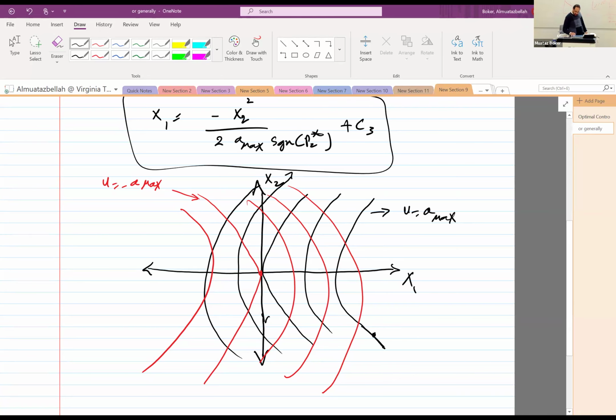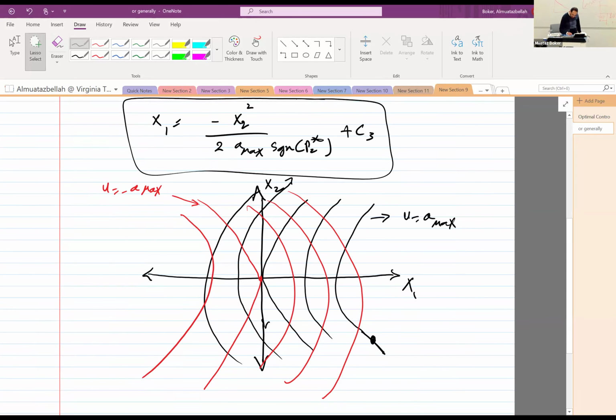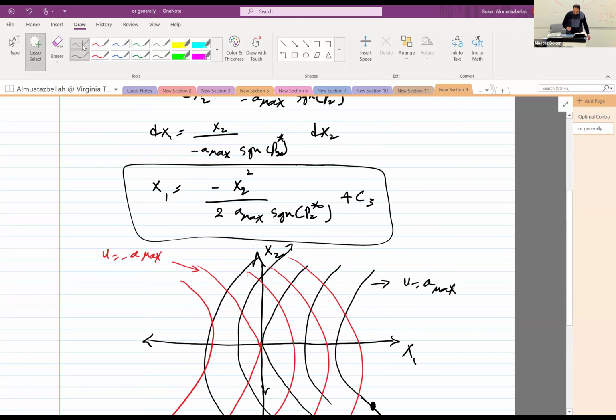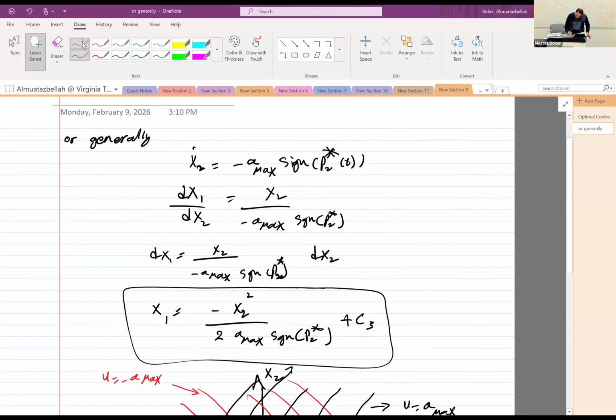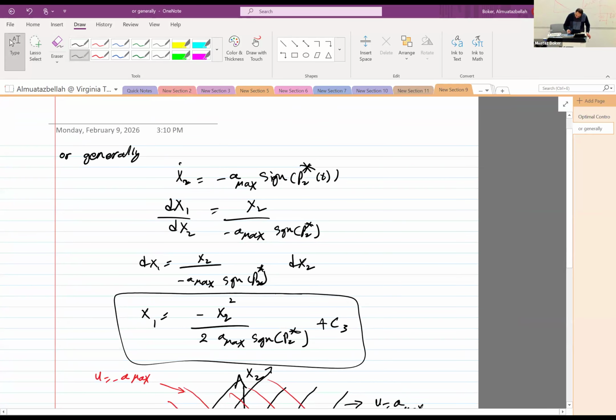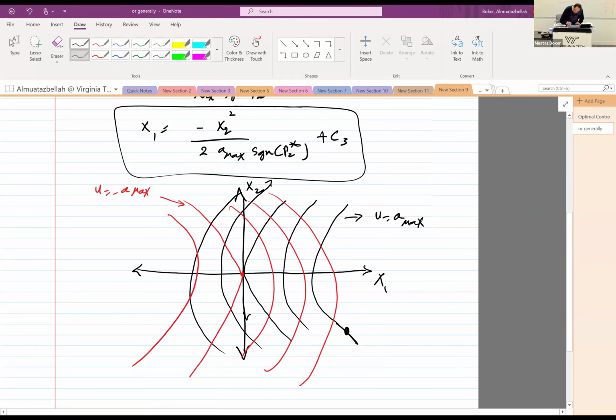So starting at any point, you start at this point. You apply u equal to A max, so you'll be on that trajectory.